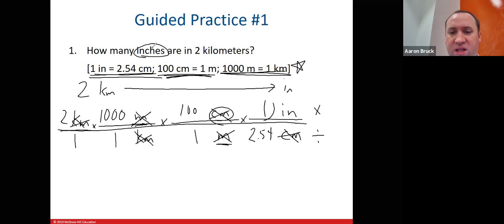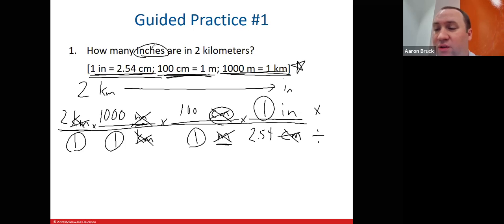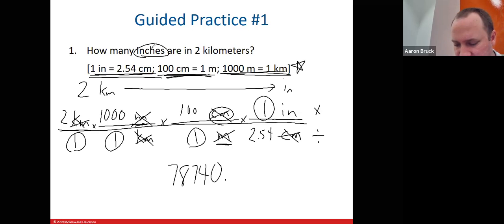All of the ones here, multiplying and dividing by 1 leaves the number exactly the same, so I don't need to do anything with it. I can just leave it as it is. My calculator spits out 78740.157 inches.